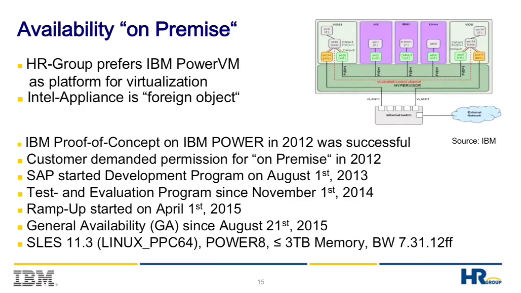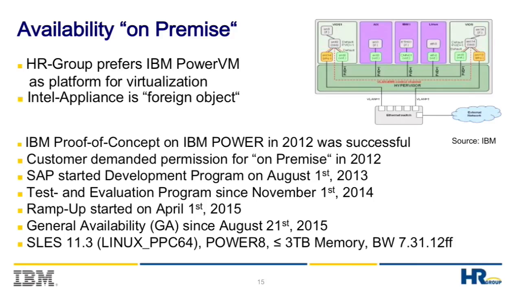Availability on premise, that's as well a customer slide, but you have to remember what we had available at this time. Test automation program, we already talked about. But at this time, before we got started, we had Linux on Power. We had to use Power 8, and we were at this time limited in memory, no problem for him. But what was a little, not an issue, but work for the customer, we were starting at BW 731.